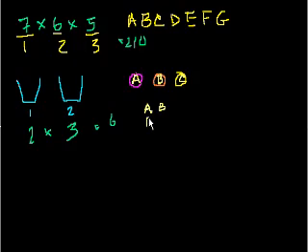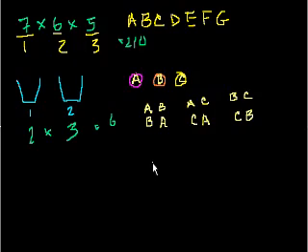It could be B in cup 1, A in cup 2, right? You could just switch them, so we actually care which ball goes into what cup, not just whether a ball is in a cup. It could be A in cup 1, C in cup 2. It could be C in cup 1, A in cup 2. And then finally, you could just have B and C: B in cup 1, C in cup 2, or C in cup 1, B in cup 2.